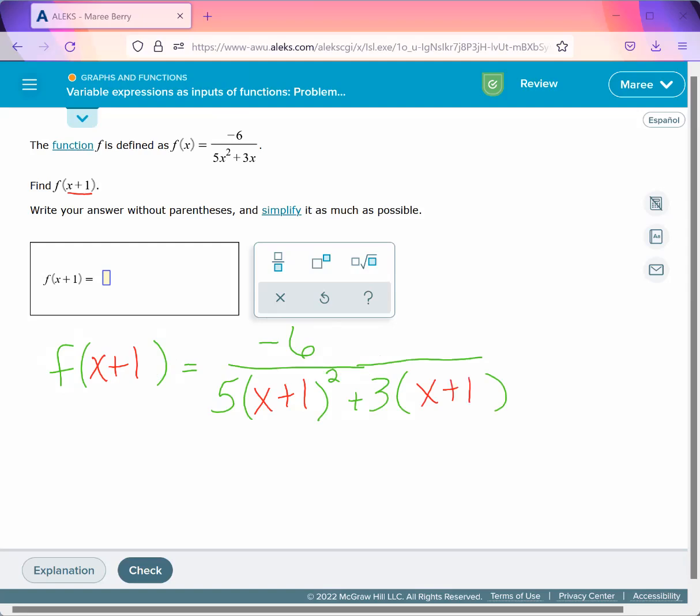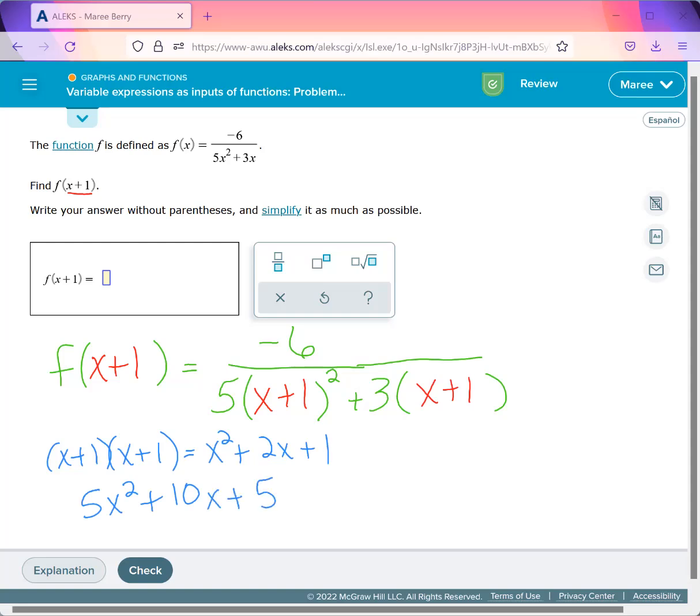So to solve this, we're going to focus on the x plus 1 squared, which is the same as x plus 1 times x plus 1. And we get x squared plus 2x plus 1. And then we want to distribute the 5 to that x squared plus 2x plus 1.